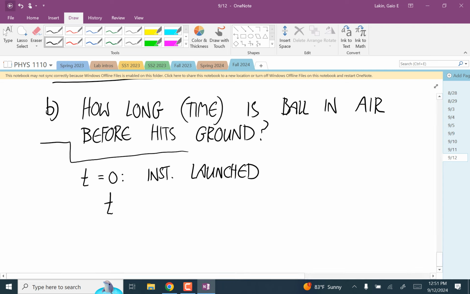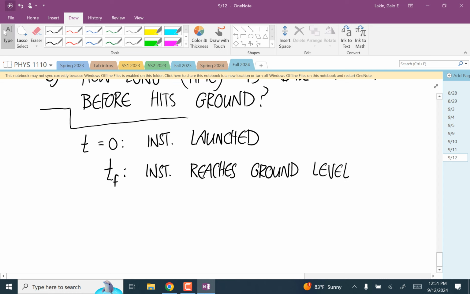But time final, we're going to change to the instant that it reaches the ground level. And so what this means is all of our initial value stuff is going to stay the same, but our final value stuff is going to be different.